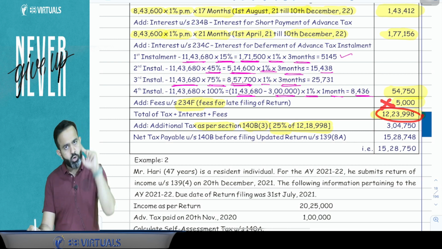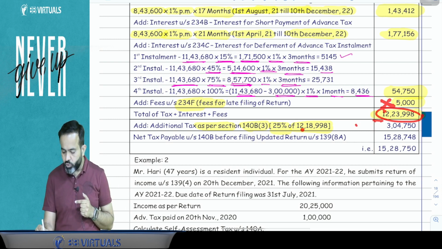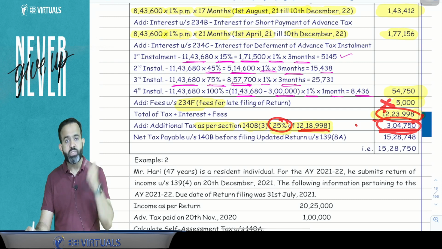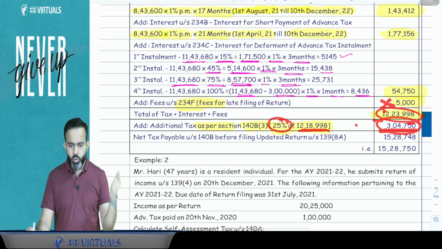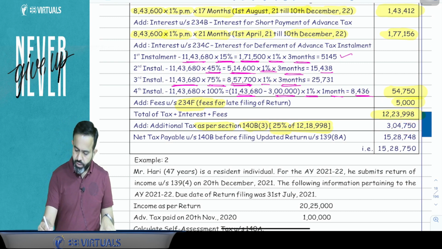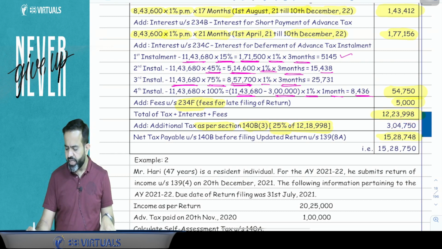It is applicable only on the tax and interest. So here tax and interest comes to 12,18,998 multiplied by 25%. So here total comes to 3,04,750, that is your additional tax. So here total comes to 15,28,948.